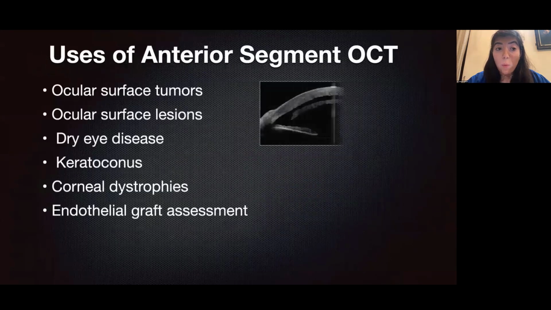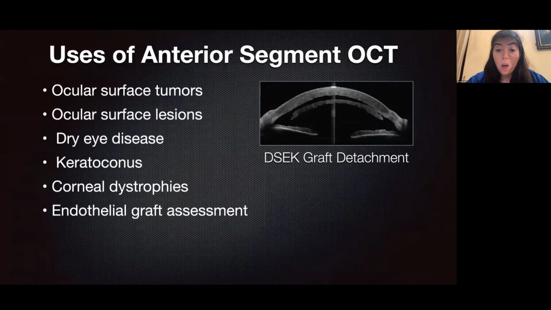Now, today, we're going to focus on anterior segment OCT as it relates in its utility for the analysis of ocular surface tumors. And of course, as an addendum to that would be the ocular surface lesions.